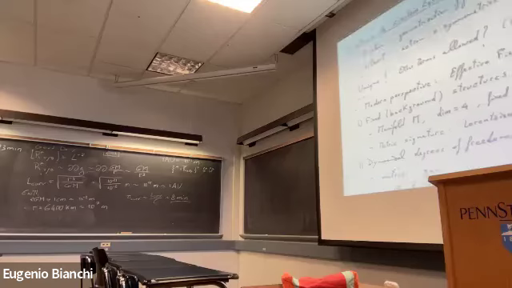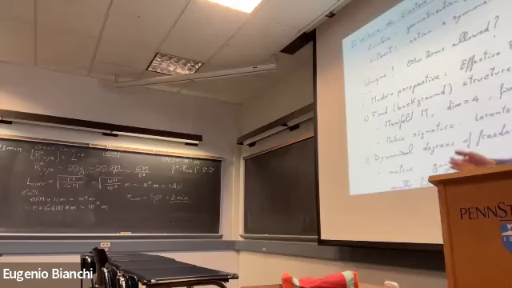So let me start from a few steps away. The question that I want to ask you is, where do Einstein equations come from? You could ask the same question for F = ma. Where does it come from?